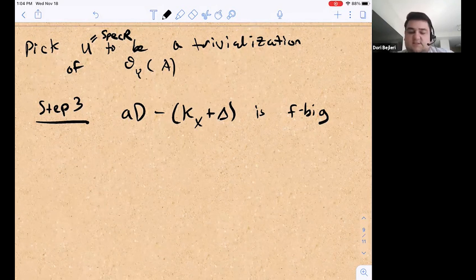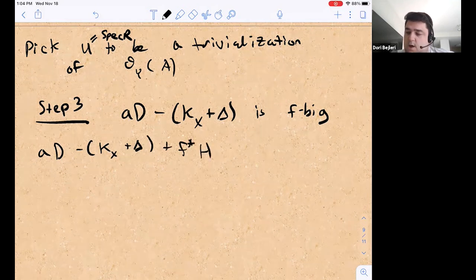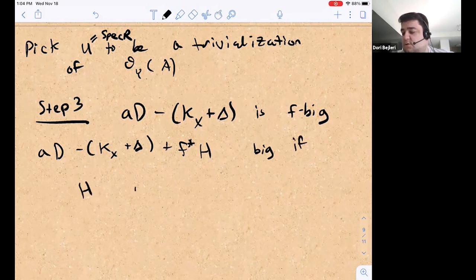So then if we add some pullback of some ample or some hyperplane H, then this is big if H is ample enough.